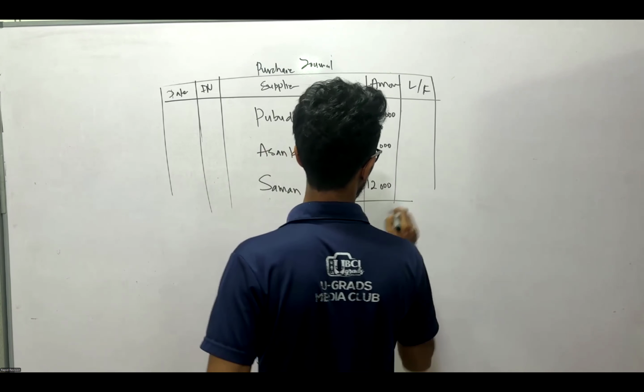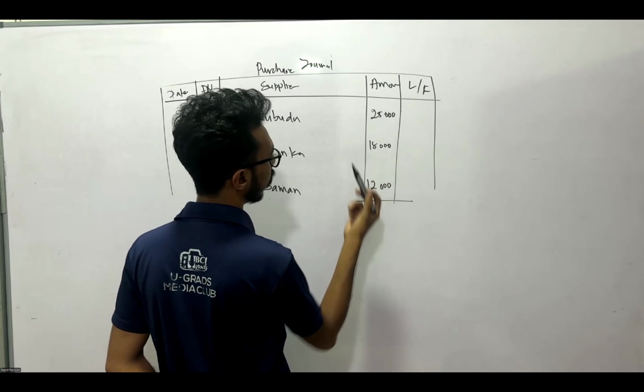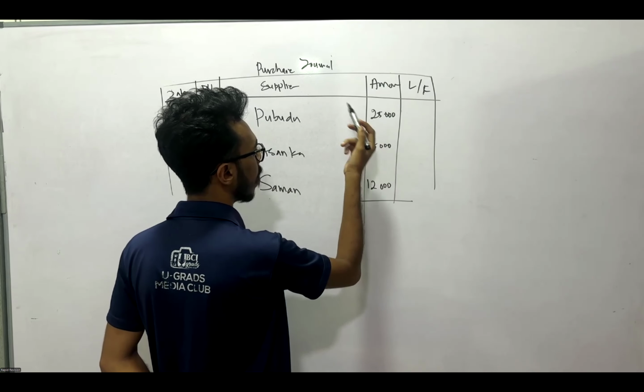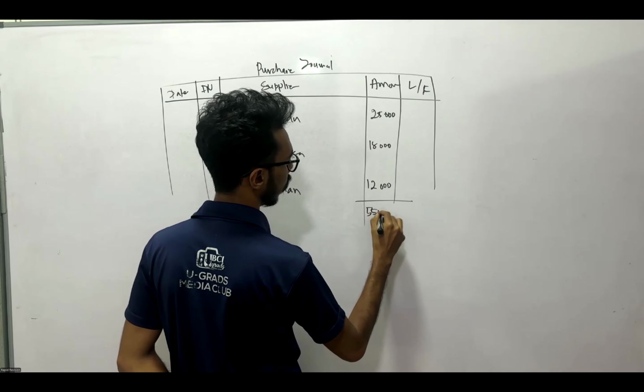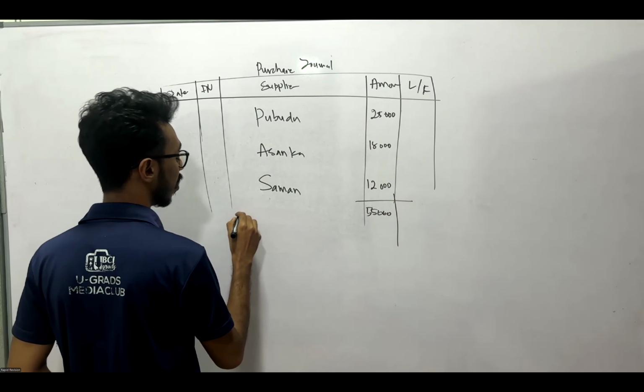That's it. So you have to take the total there now, right? 12, 20, 30, 50, 55. Right? 55,000. If you take 55,000, so this is the purchase journal.